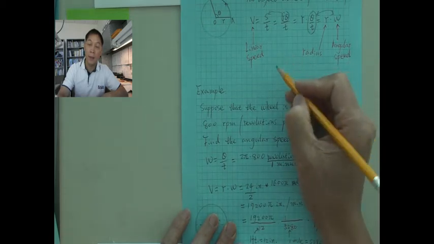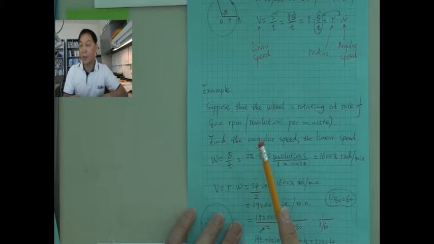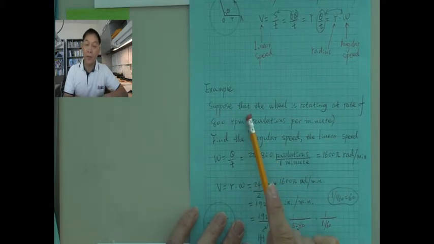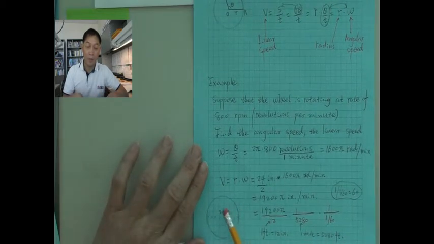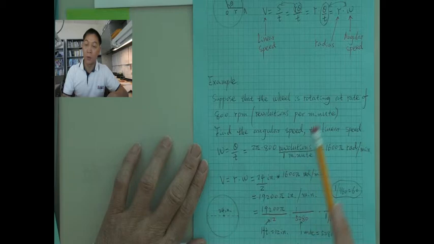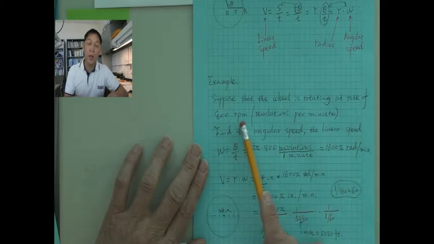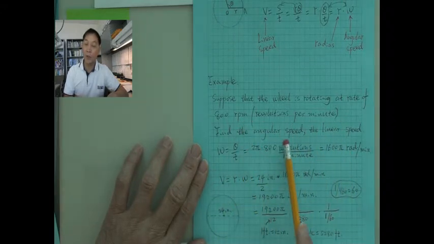Let's look at this example. Suppose there is a wheel down here, and the wheel is rotating at a rate of 800 revolutions per minute. Find the angular speed and the linear speed.